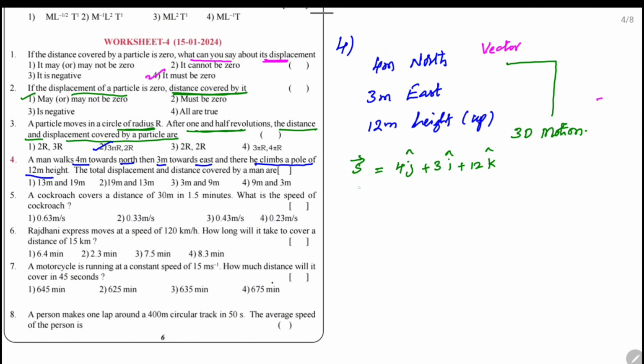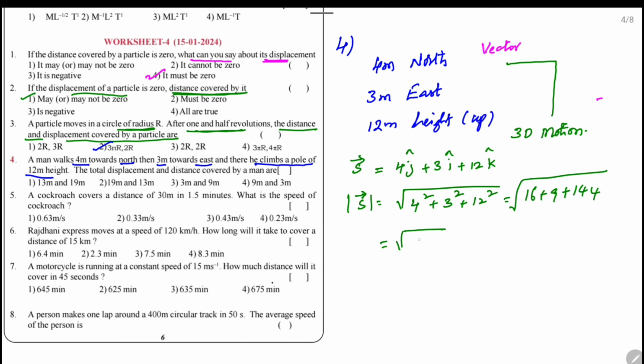Now we have to find the magnitude of displacement. We know the magnitude formula: square root of 4 square plus 3 square plus 12 square, which is root of 16 plus 9 plus 144, which is root 169, equal to 13.